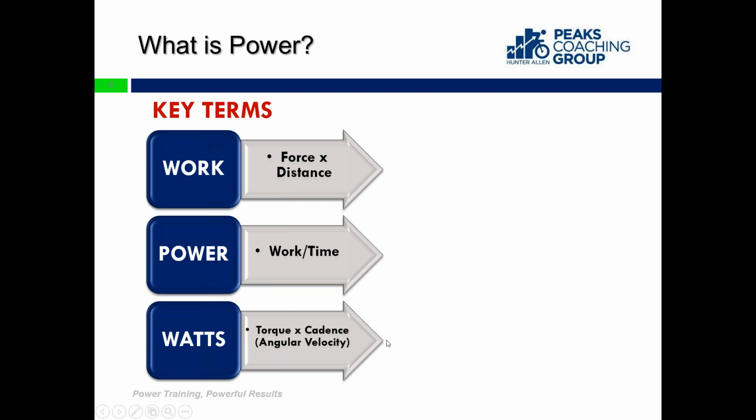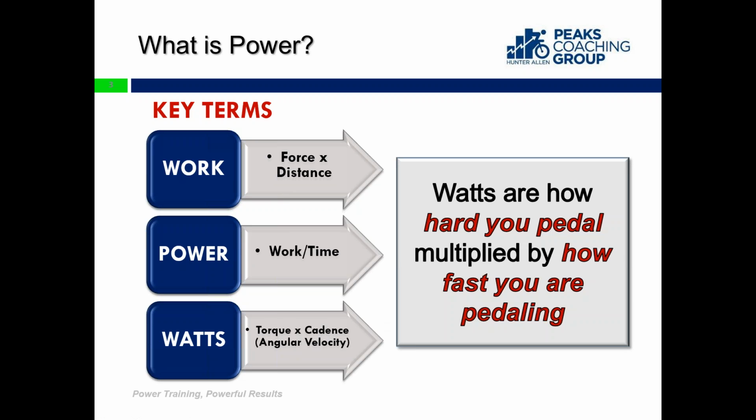And watts, so when we start talking about what is a watt and generating watts, we're talking about torque times cadence. Really you're talking about angular velocity instead of cadence, but in its simplest terms, watts are how hard you pedal multiplied by how fast you're pedaling.